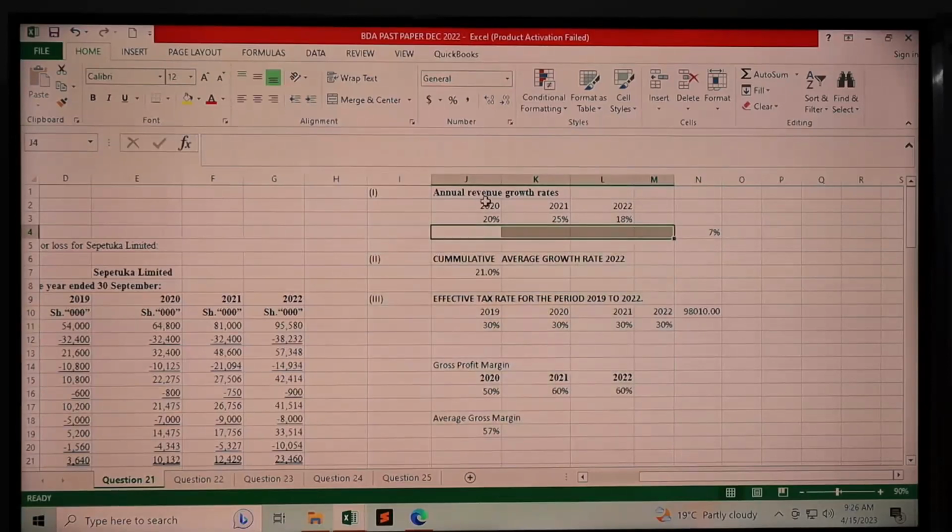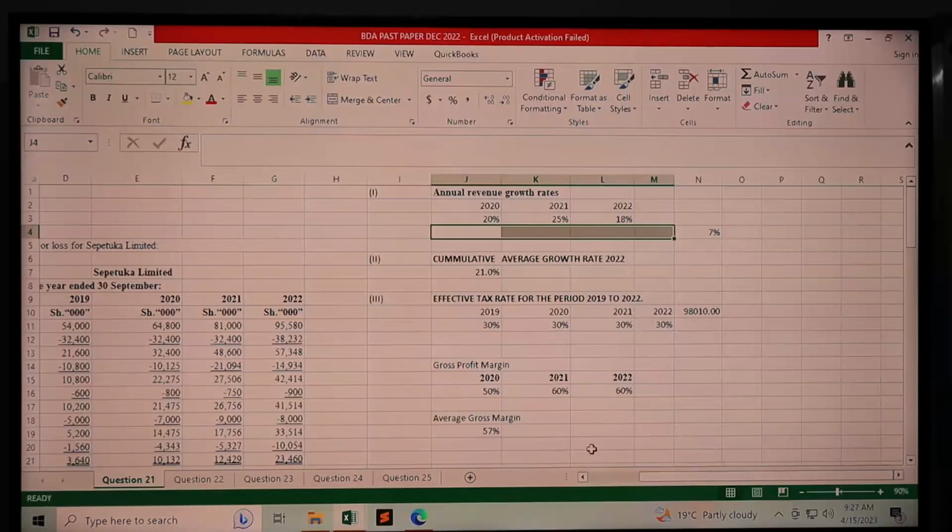That according to whatever you have got here, the rate of growth between 2020 and 2021 was higher than the rate of growth between 2021 and 2022. That is, from 2021 to 2022, it decreased by 7%.